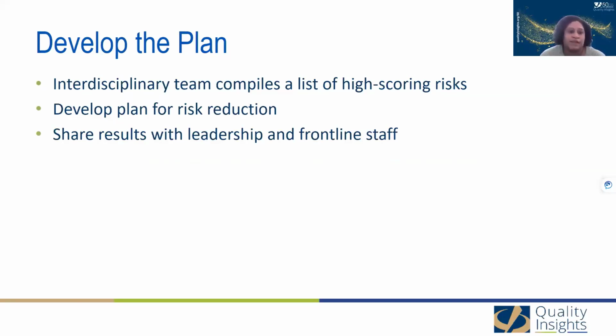Your multidisciplinary team compiles a list of high scoring risks and develops a plan for risk reduction. Once that's completed, make sure you share the results with leadership and frontline staff so that it can carry throughout the year, improving those risks that you have identified as high risk.